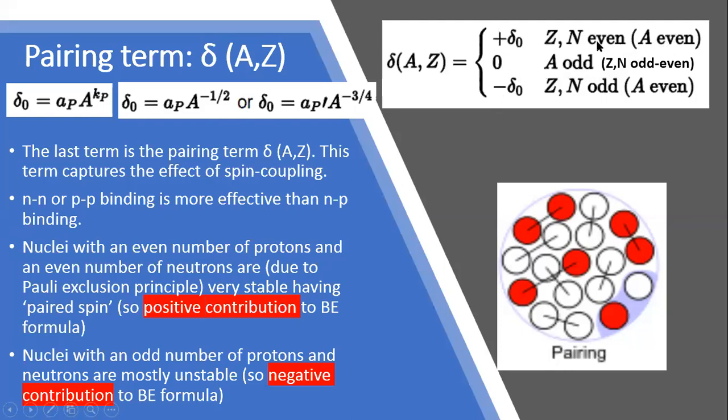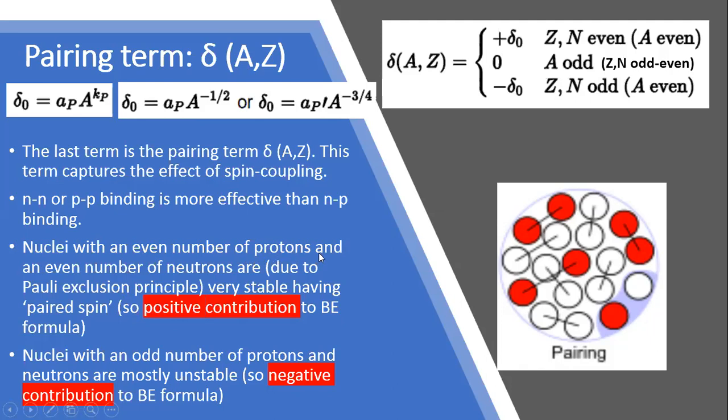When A is even and Z, the number of protons, is also even, then of course the number of neutrons will also be even. You can just remember this: when the numbers of protons and neutrons are even, this pairing term has a positive contribution towards the binding energy. Why is it positive? The reason is written over here.